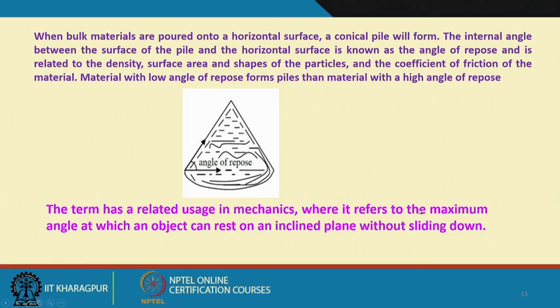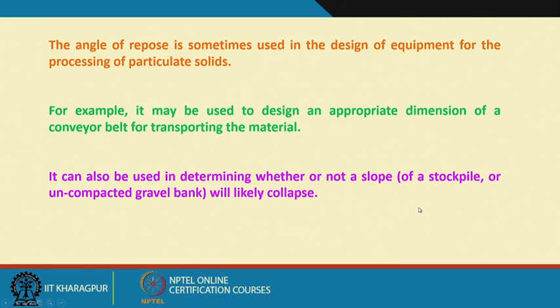After a critical angle, if you put it into neutral gear, it will try to roll back, and that is the very purpose of having a hand brake. That is not exactly the angle of repose, but we can do the force balances and calculate it back. Similar behavior the particulate mass also has. So, the angle of repose is sometimes used in the design of equipment for the processing of particulate solids.